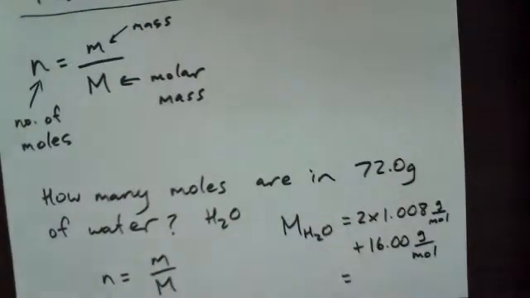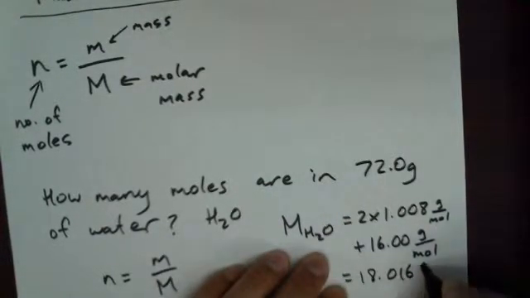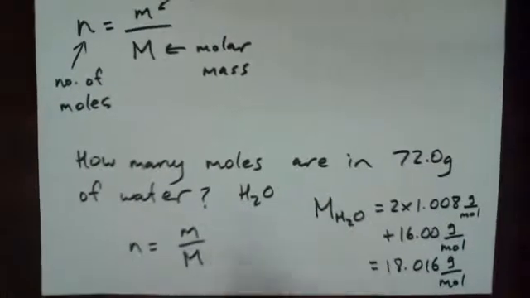And that will give us 18.016 grams per mole. So now we do know the molar mass. So we have the mass, we have the molar mass. It's now straightforward to go ahead and calculate the number of moles.